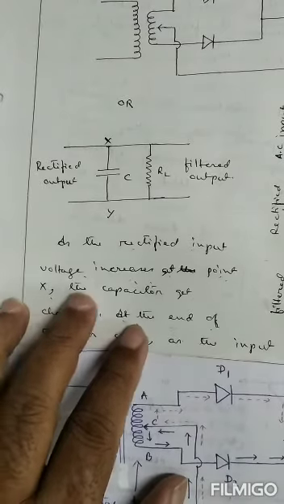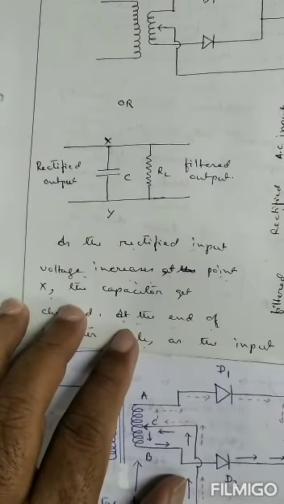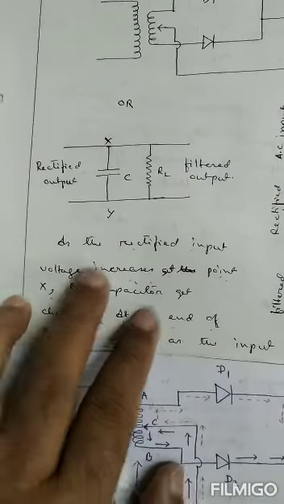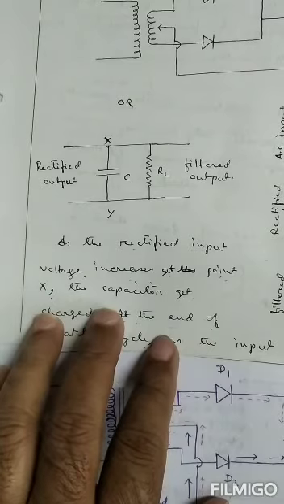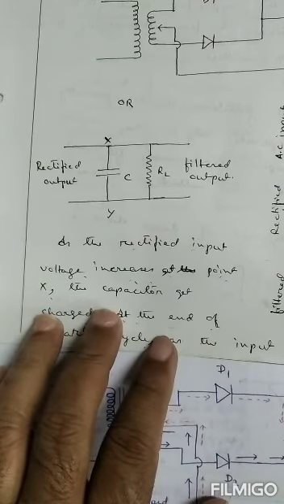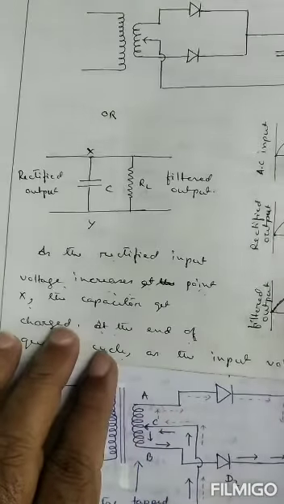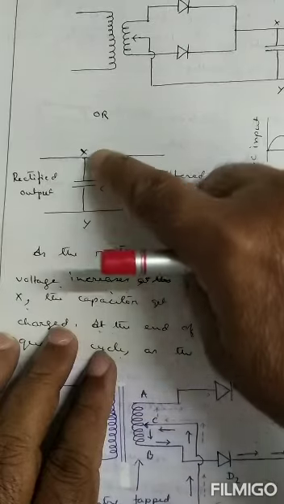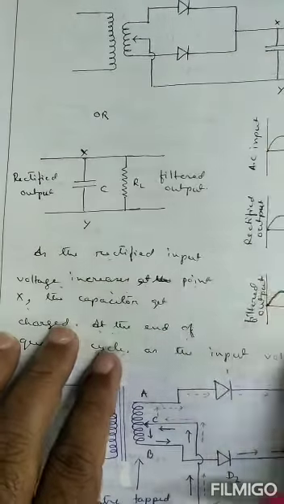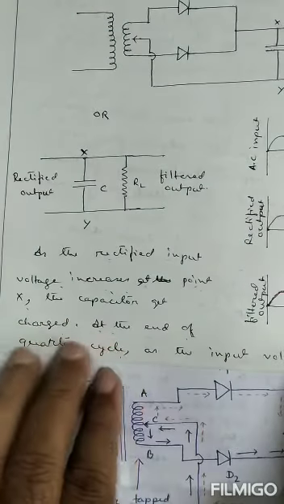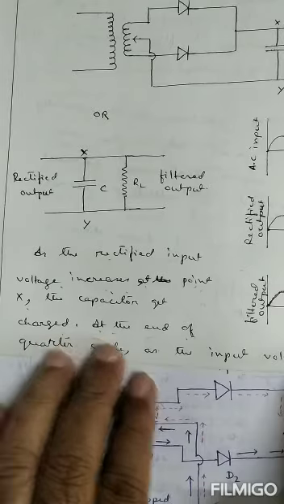As the rectified input voltage increases at the point X, the capacitor gets charged.